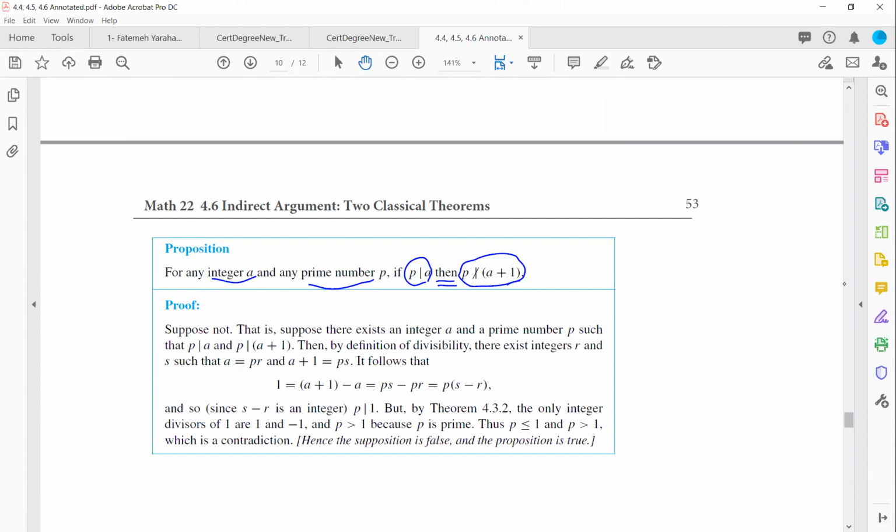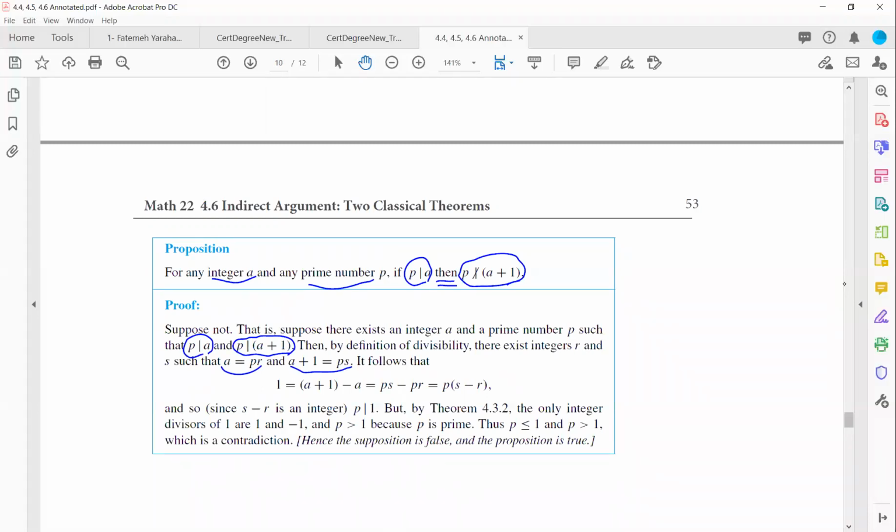Suppose there is an integer like a and a prime number like p such that p divides a and at the same time p divides a plus 1. Using the definition, a can be written as p times r. Using the definition, a plus 1 can be written as p times s.